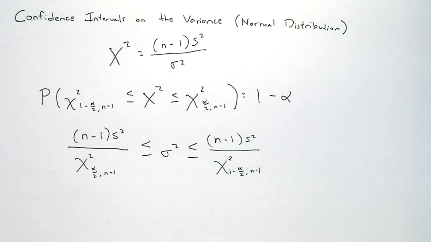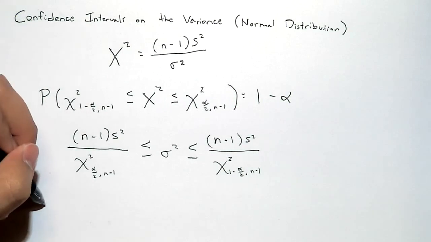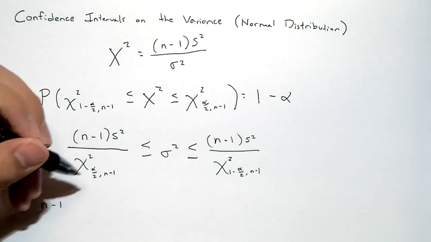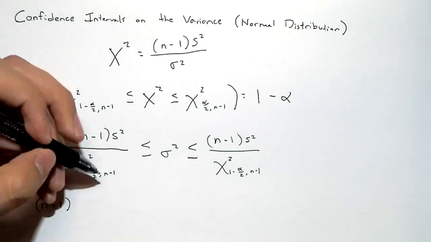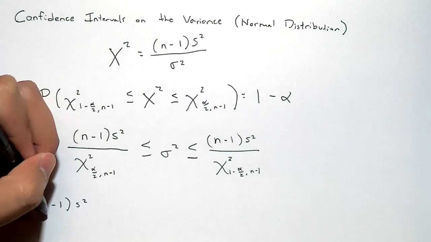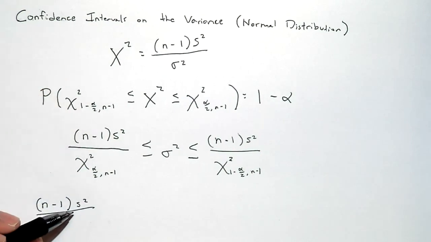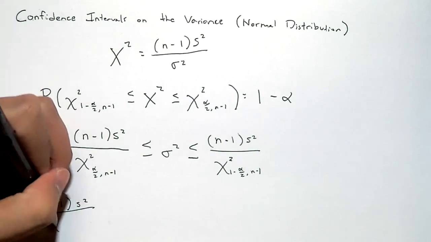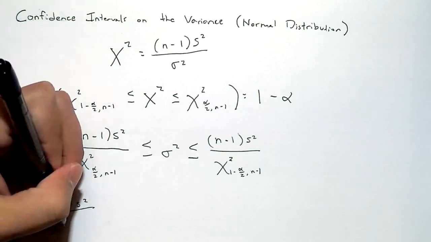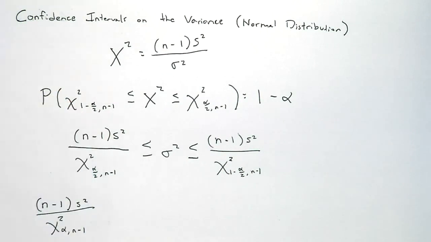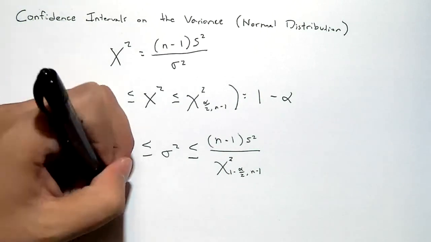We can also say that the upper and the lower confidence bounds are the following. Let's start with the lower confidence bound. I can say that my variance is at least greater than or equal to the degrees of freedom times the sample variance divided by the chi-squared value of alpha for n minus 1 degrees of freedom.